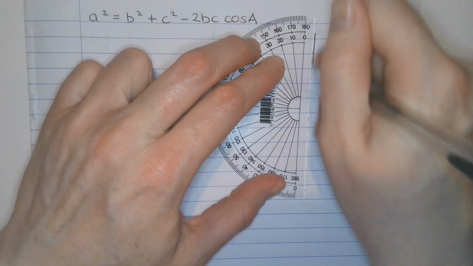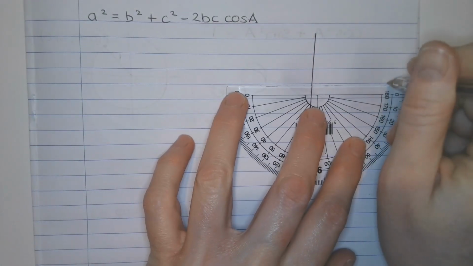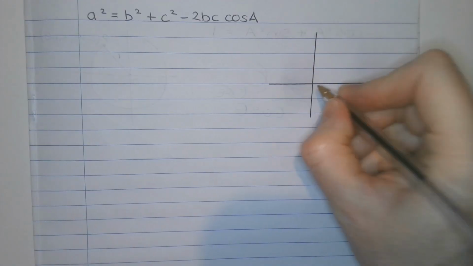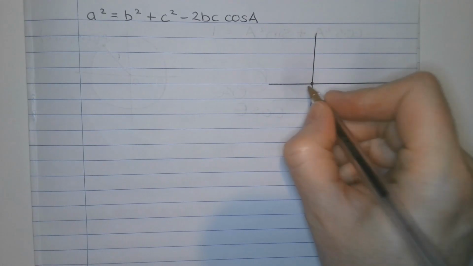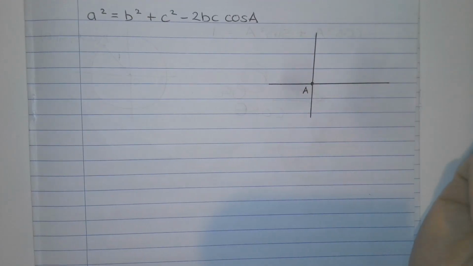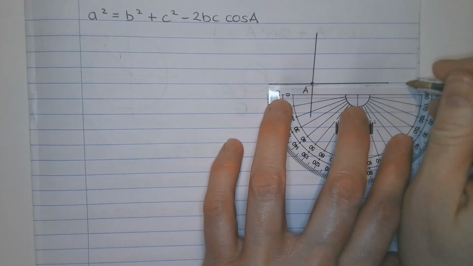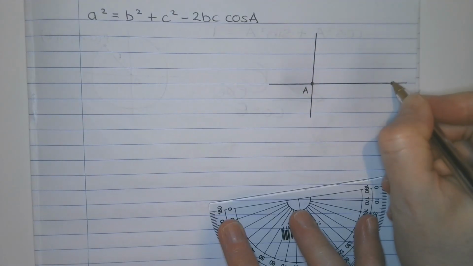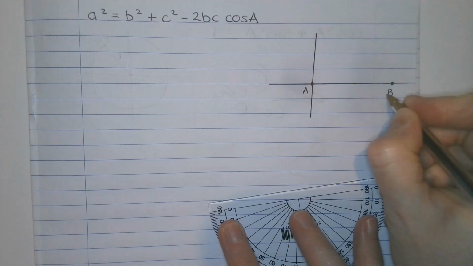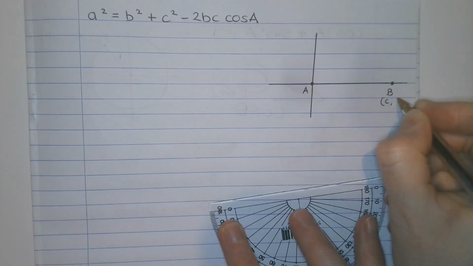To prove the cosine rule, we're going to first of all draw a triangle. This triangle is going to have one of its vertices, or corners, at point A here, which is on the origin. We are going to have another point here on our x-axis, which is B, and we're going to call that the point C, 0.